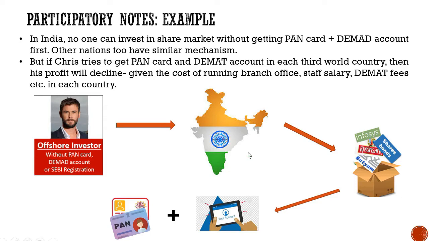So if he wants to invest in India, he cannot invest directly without having the PAN card or the demat. So he'll have to first open those two accounts. Only thereafter he can buy shares. However, by doing this, he will incur a lot of costs.